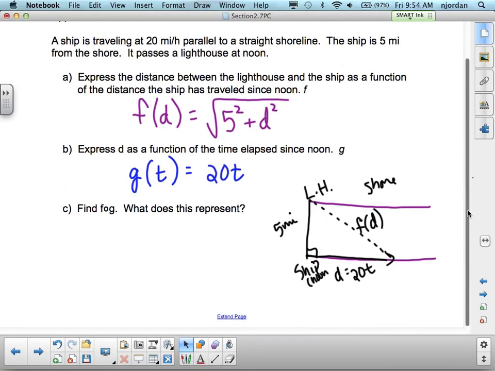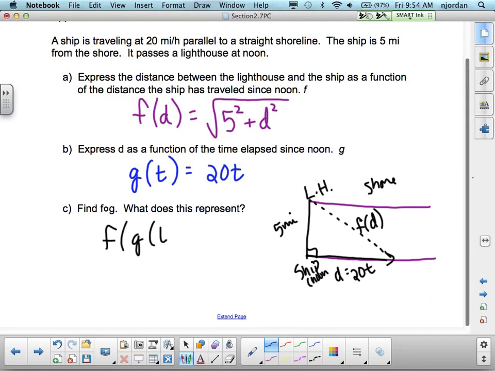You don't have to be as explicit with this, but your function f of g of t would represent the distance of the ship from the lighthouse as a function of time. So again, here all you would be doing is substituting in 20t for the d, because this represented your distance.